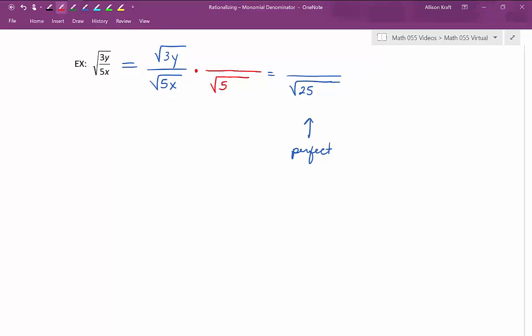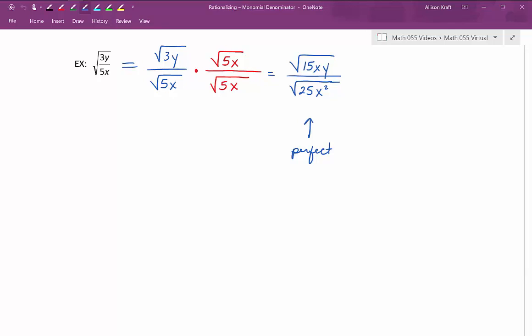Well, it needs to be x squared, so we multiply x by x to get x squared. Now we have a perfect square, 25x squared, under our square root. And we do the same multiplication in the numerator. Multiplying our numerators together, we get the square root of 15xy.